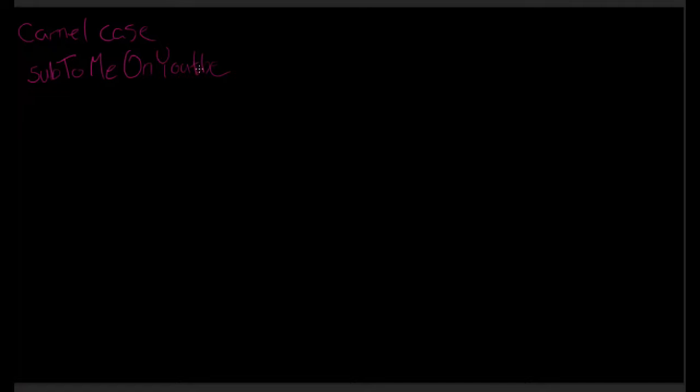Oops, I misspelled tube. So there you go. Basically, Camel Case is you start with a lowercase, and then each following word has an uppercase. And that's called Camel Case.